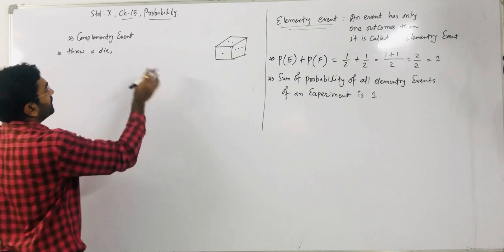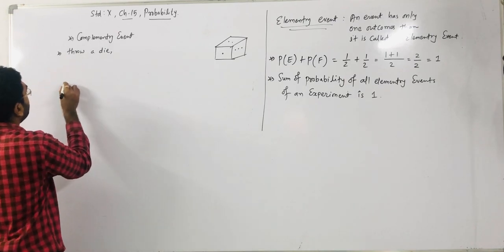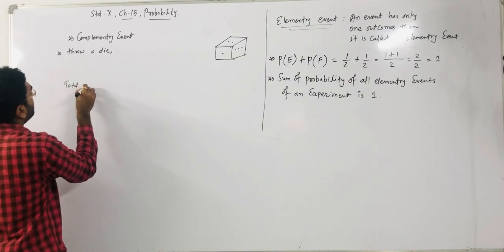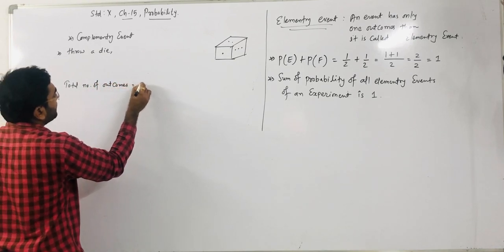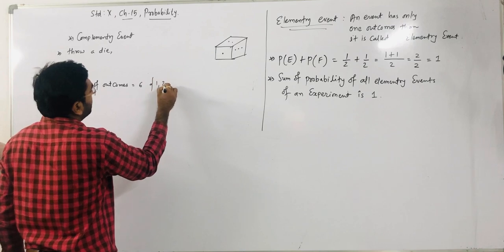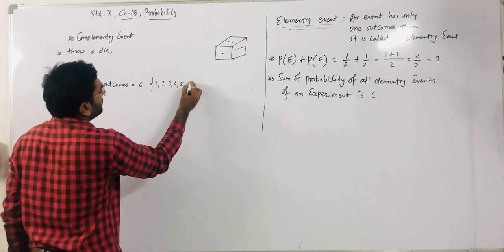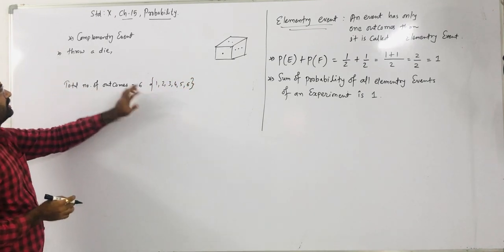Right? So in a die the total number of outcomes is 6. Which are the 6? 1, 2, 3, 4, 5, and 6. Those 6 faces we get in a die.